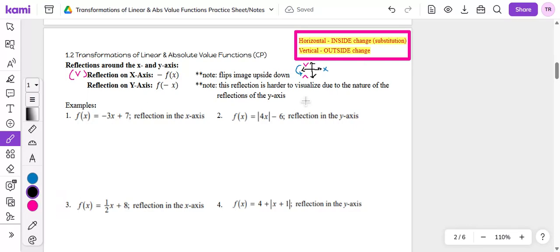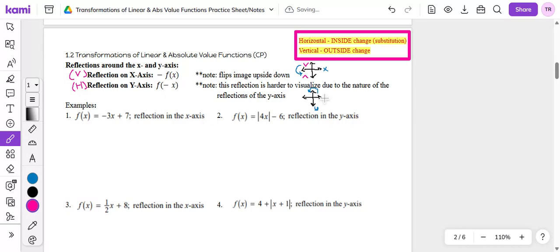For the y-axis, again, let me draw a little quick mini one. If I have the y-axis and I flip over from the left to the right, that is going to be a horizontal movement. And again, you can see there that the negative is on the inside.